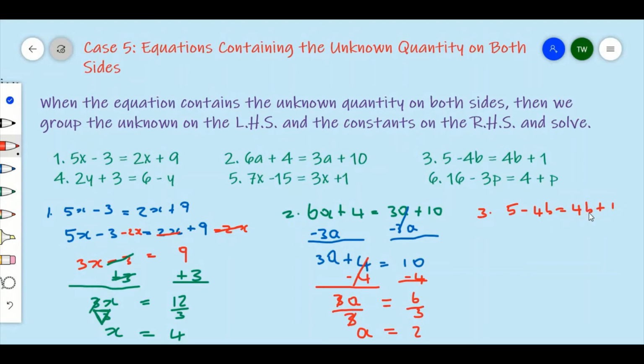Again, we want to get rid of this positive 4b. What we are going to do is to subtract 4b from both sides. So we're going to subtract 4b from both sides. And we're also going to subtract 4b from this side as well.